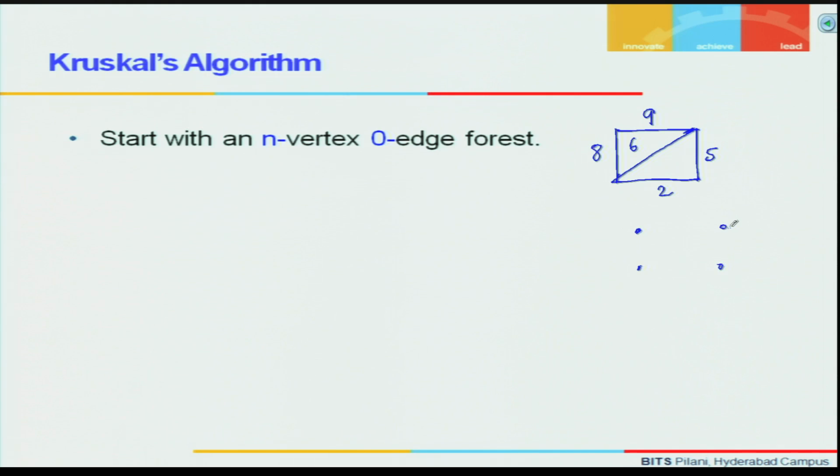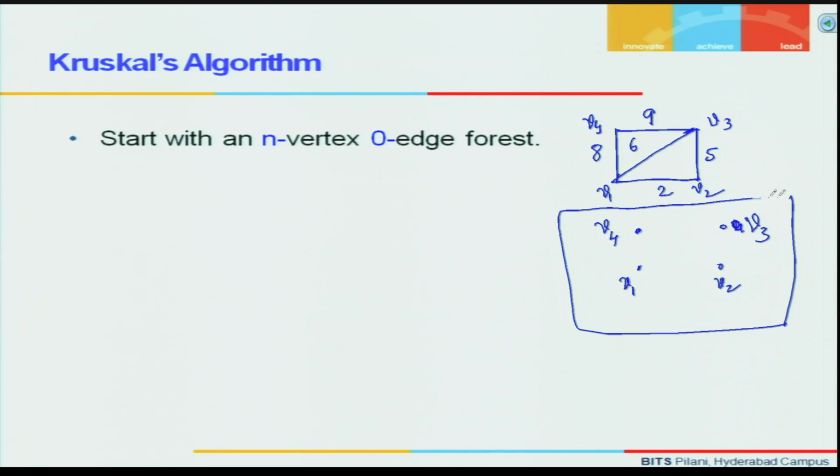What is the forest of all vertices? Say V1, V2, V3, V4. The forest of all these vertices has 0 edges, which means just plot them, don't put any edge on them. This is the algorithm. If you have a graph of n vertices, then first plot a forest of n vertices with 0 edges. It will look like this.